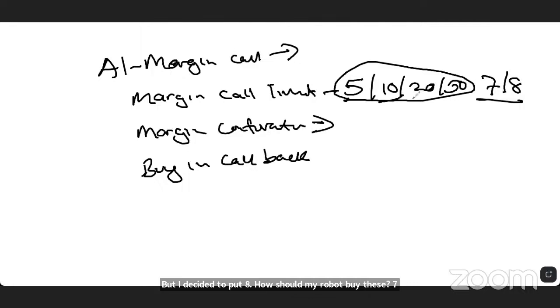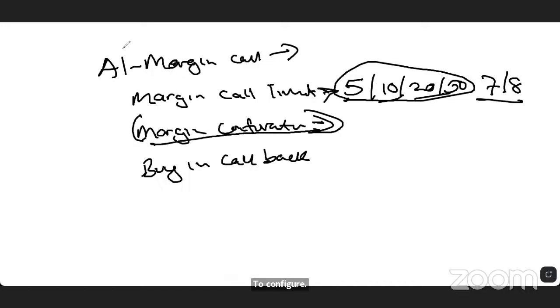How should my robot buy this 50? How should my robot buy this 100? Is what we call a margin configuration. To configure how is what we call margin configuration.